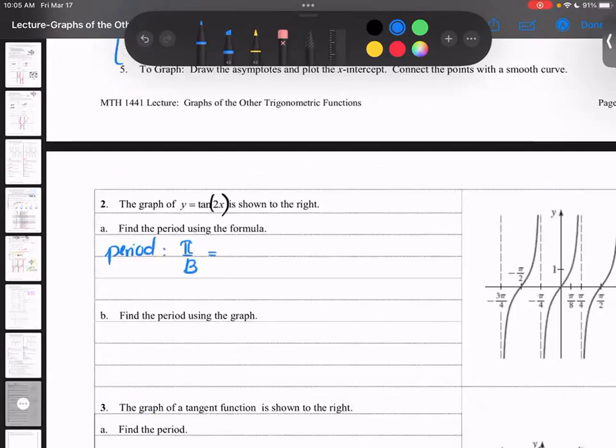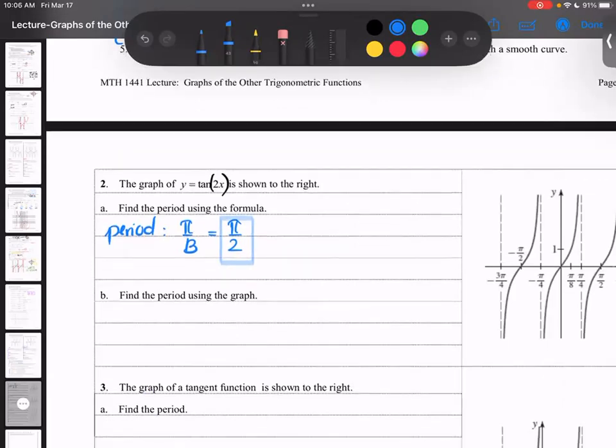What is your b in this problem? Just 2. So pi over 2. That's your period. If you forgot, it's kind of like when I asked you the slope, you don't say 2x, just 2, right?